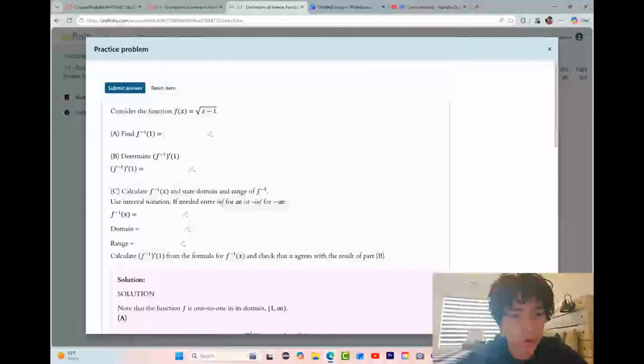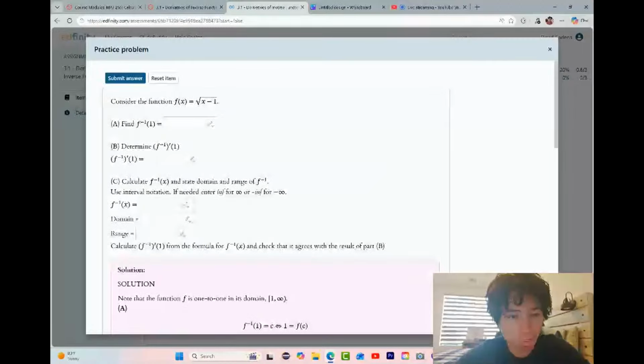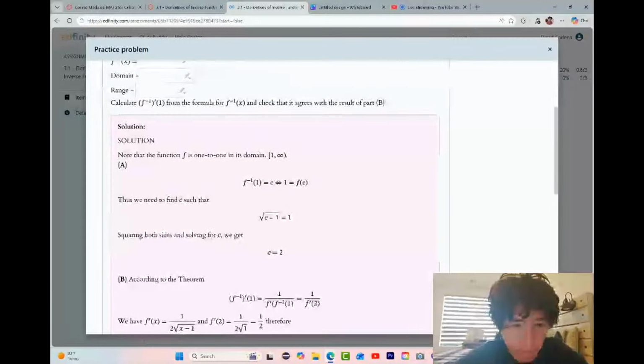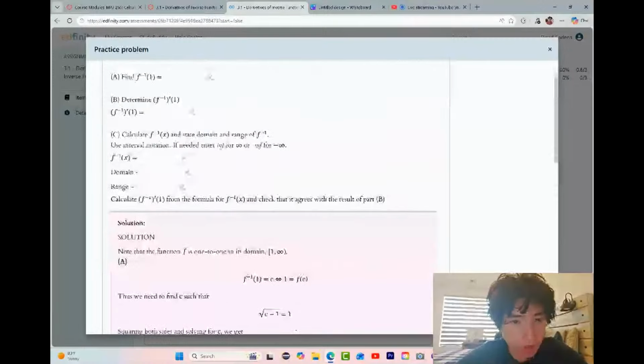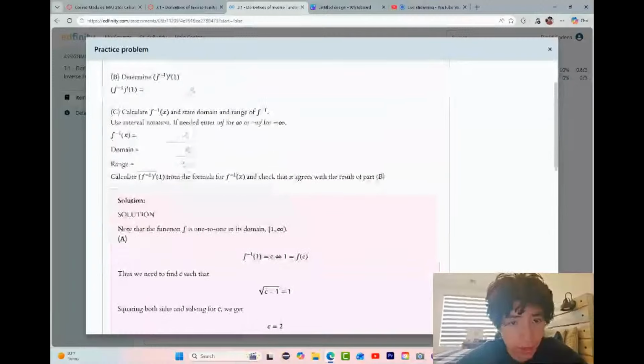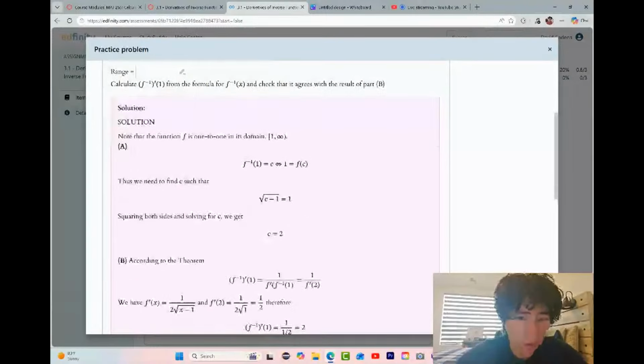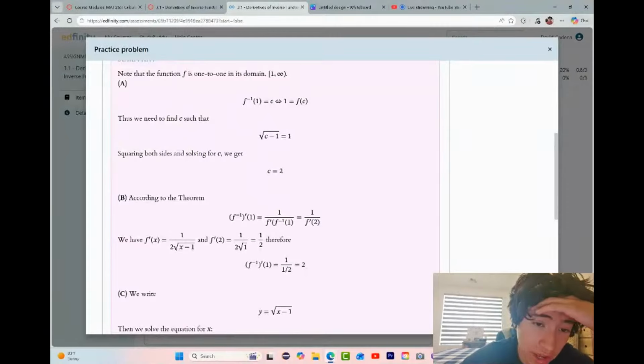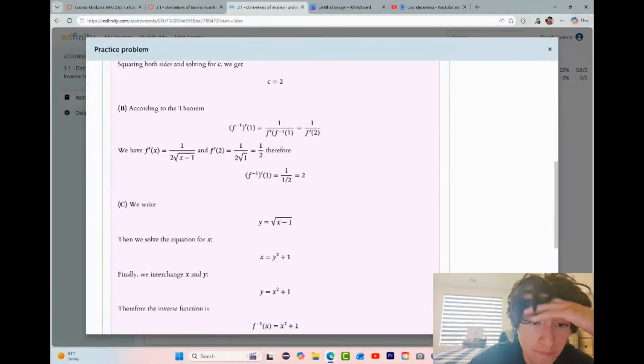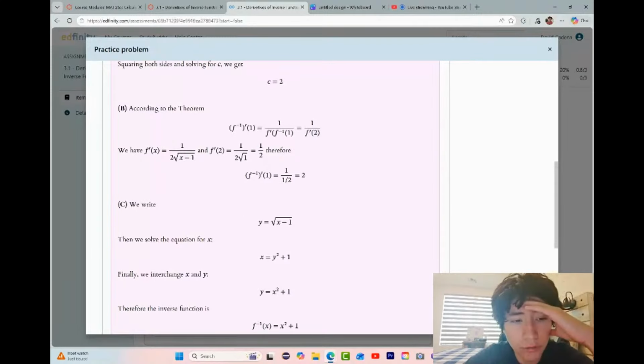That's the x minus 1, so f of x equals that. We need to make that equal to the output. Squaring both sides and solving for c, we get 2. According to the theorem, we get f prime of 2.